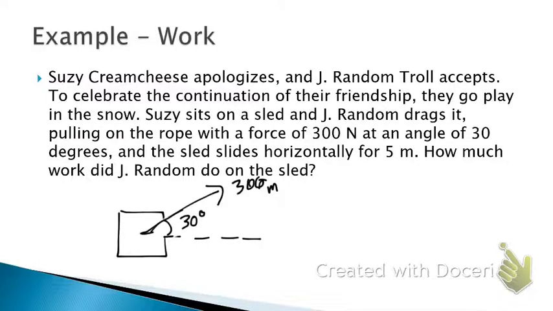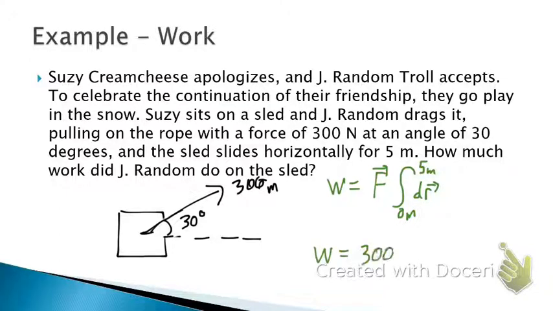Once again, I'm dealing with a constant force, so the work done by J Random is going to be the force times the integral from, in this case, 0 to 5 of dr, and that'll ultimately be the force, 300 newtons, times the distance, 5 meters, times the cosine of the angle between them.